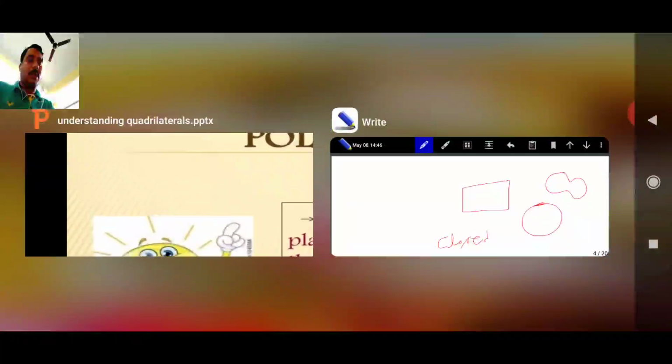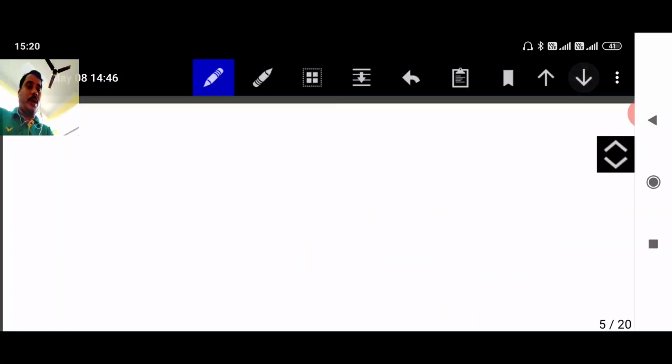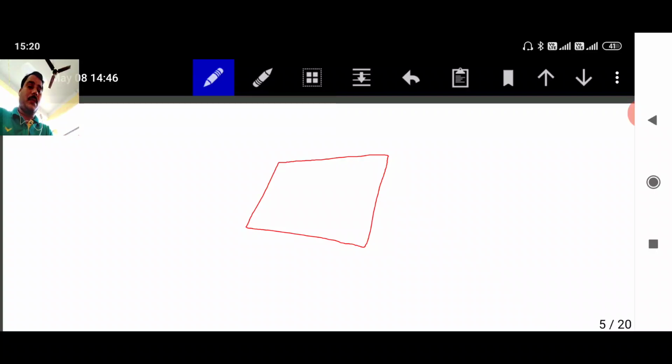Means a polygon is a simple closed curve. Here, 1, 2, 3, 4, there are 4 lines. This is plane, simple and closed, so it is a polygon.